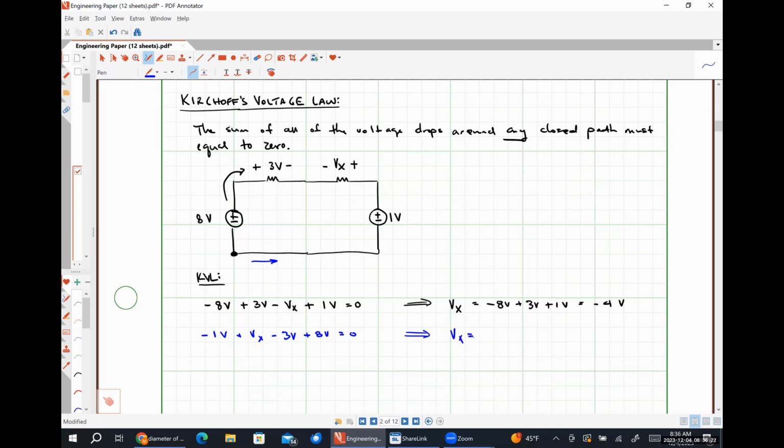I get Vx is equal to positive 1 volt plus 3 volts minus 8 volts, which is still negative 4 volts. So the direction that we choose for our Kirchhoff's voltage law path does not matter. The only thing that matters is our polarities. Those are critically important.